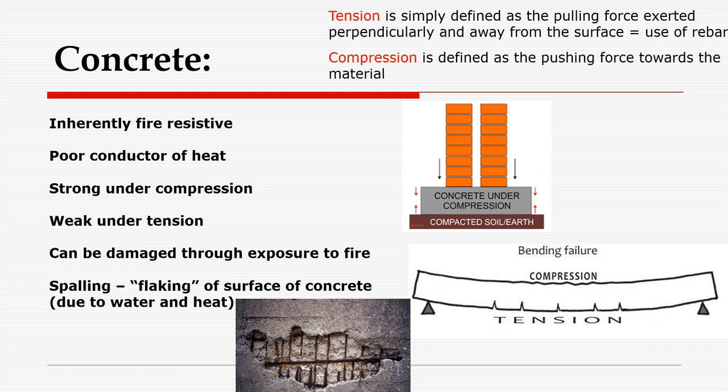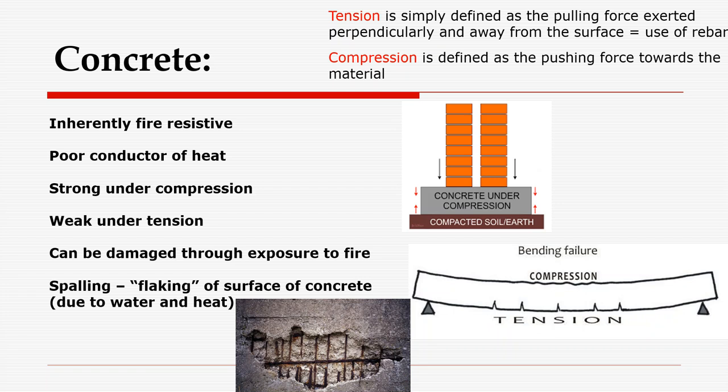We're going to talk a little bit about concrete, and we'll go into a quick video on compression and tension. So concrete is inherently fire resistive. It's a poor conductor of heat. It's strong under compression, forces of compression, and it's weak under the forces of tension. It can be damaged through exposure to fire, and I'll show you a picture here in a little bit.